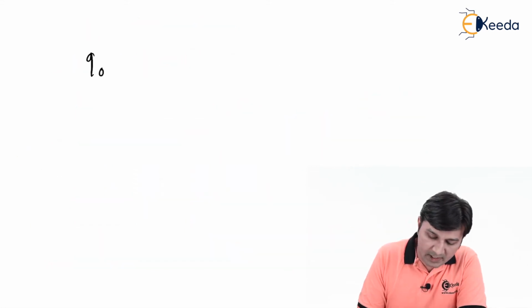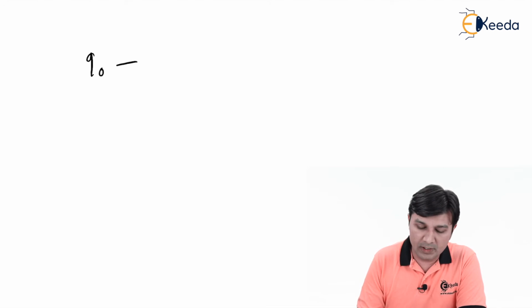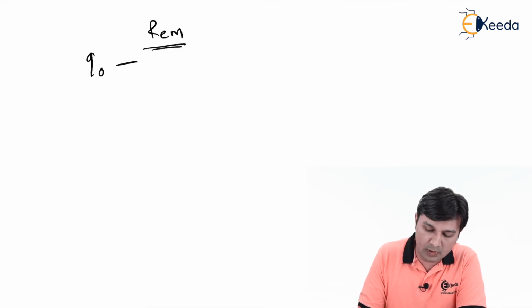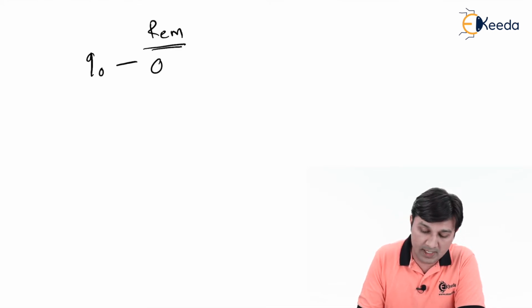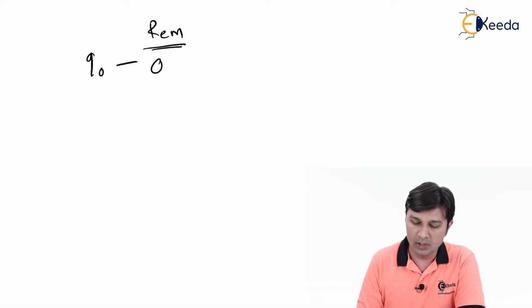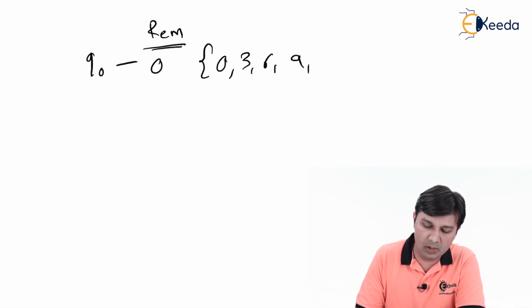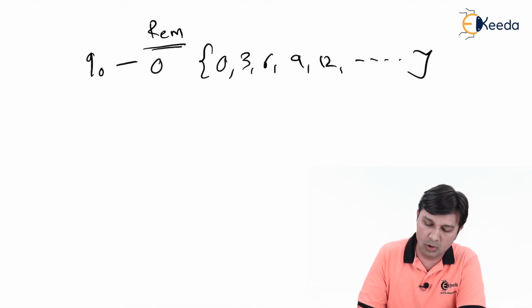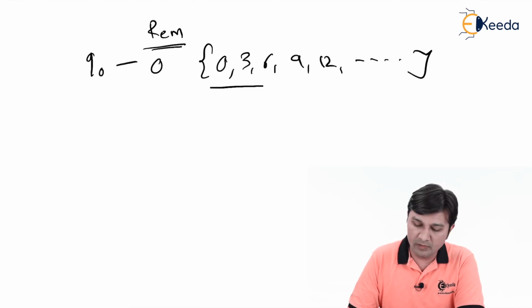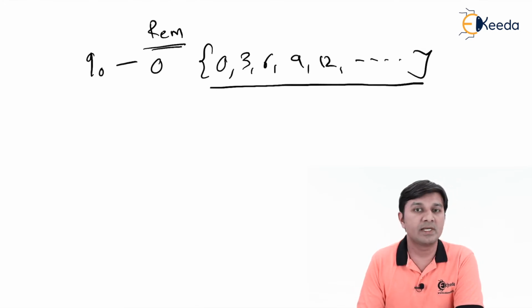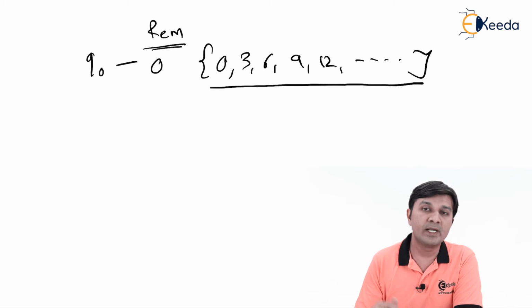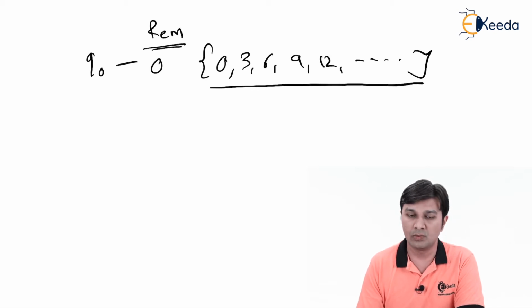Now if I talk of the state Q0, I just told you that Q0 is a state which is going to keep track of all the numbers that are going to give the remainder as 0. So can I say in Q0 state a number like 0 belongs, a number like 3 belongs, 6 belongs, 9 belongs, 12 belongs, dot dot dot up to infinity. So any of the numbers in this particular set belongs to set Q0. That is, all these numbers are valid because these numbers when divided by 3 give remainder as 0.